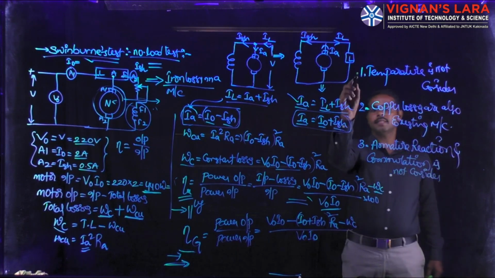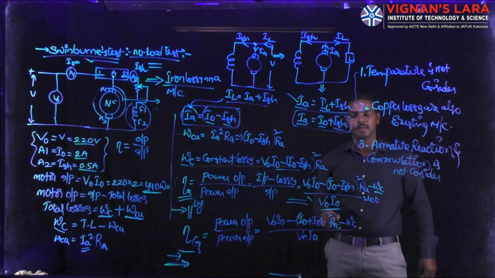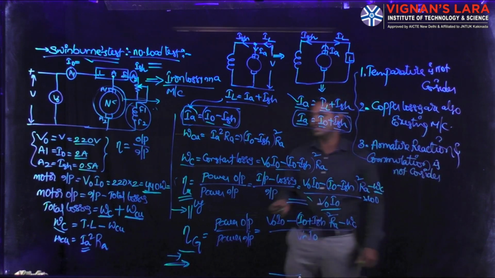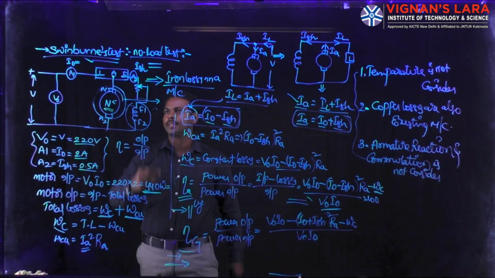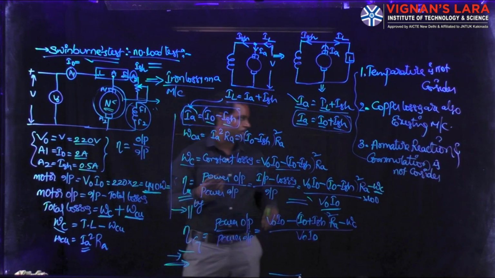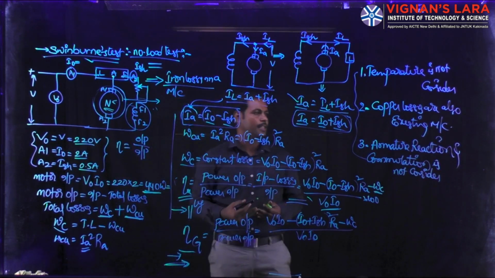These are the disadvantages applicable in the Swinburne test. But the advantage is that without applying load on the machine, we can easily measure the efficiency, and it is applicable for small rating machines as well as large rating machines.